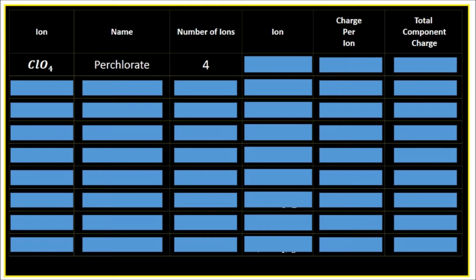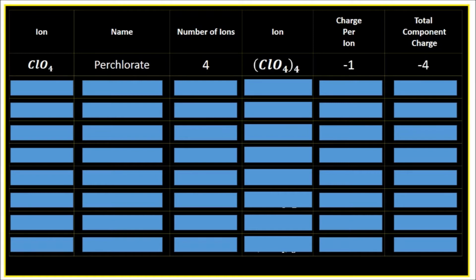And then I say, okay, what does it look like when I put 4? I use parentheses and a subscript of 4. I have -1 as the charge of each perchlorate, giving a total charge of -4.